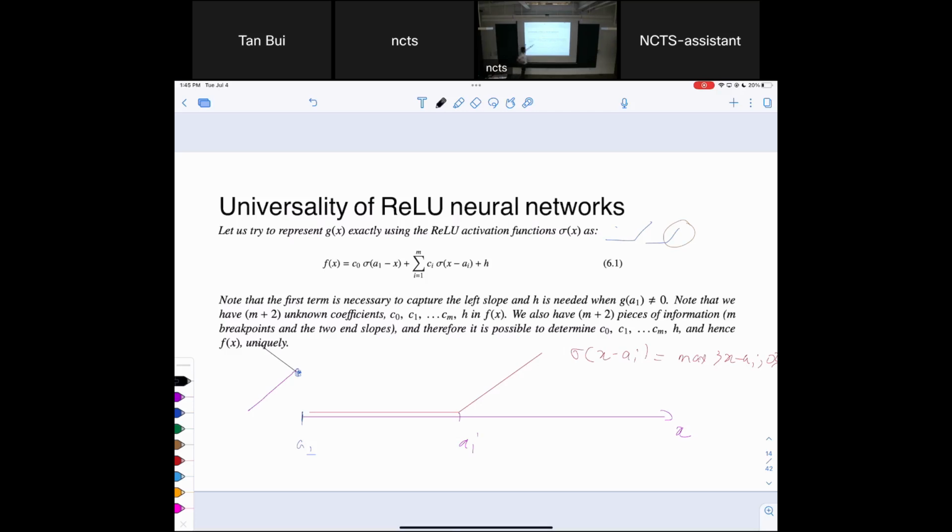But the negative one, if you just use x minus a1, that term captures this part, but it does not capture this. So we need this to capture the case where our function has the slope at the left hand point going this way. Everybody okay with me on that? Because these functions look like this.